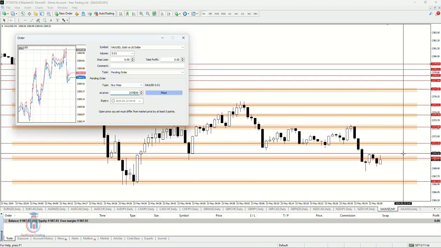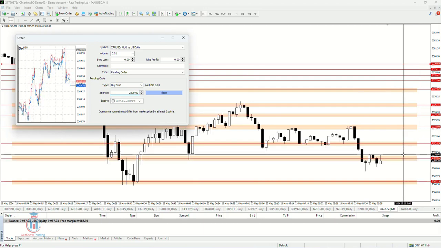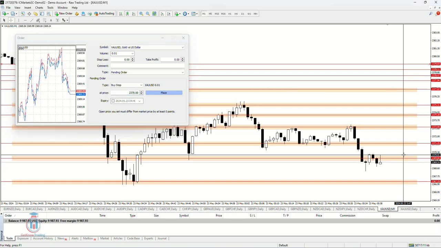So when the price comes here to 2370, the order will open. And in order to be profitable, the price should continue to rise in value. That means it should rise instead of going down. The idea of the buy stop pending order is for the price to continue to rise.